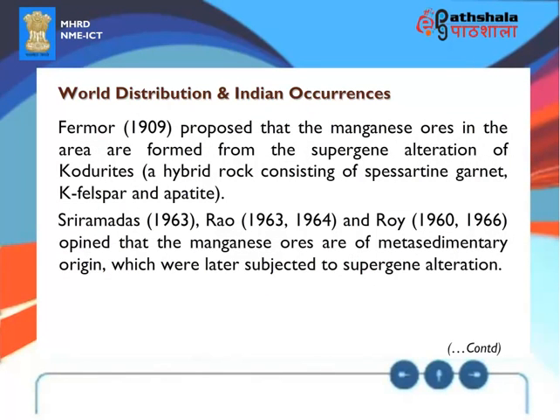Fermor 1909 proposed that the manganese ores in the area are formed from the supergene alteration of gondite or kodurite, a hybrid rock consisting of spessartine garnet, K-feldspar, and apatite. Sri Ramadas 1963, Rao 1963-1964, and Roy 1960-1966 opined that manganese ores are of metasedimentary origin which were later subjected to supergene alteration.